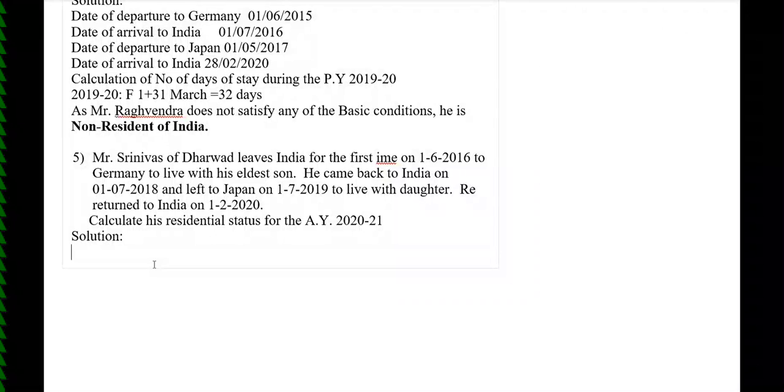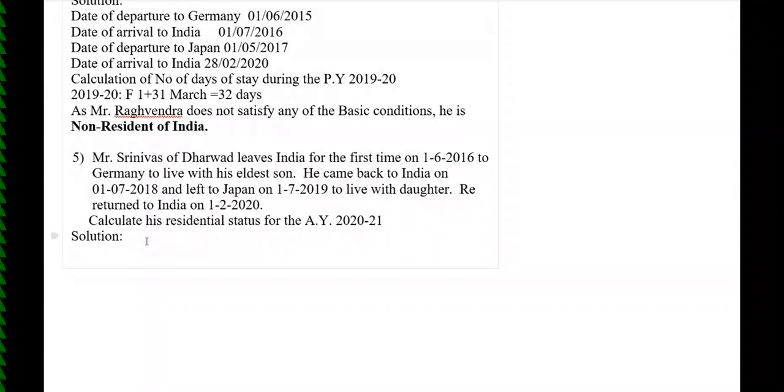So first let us note down the things what he has done here. For the first time there is a small correction in the problem here.